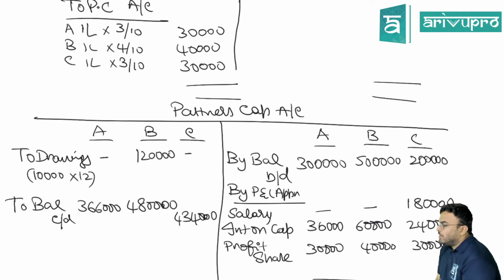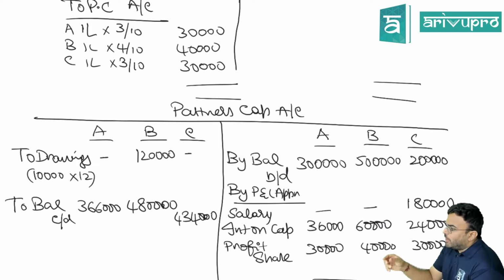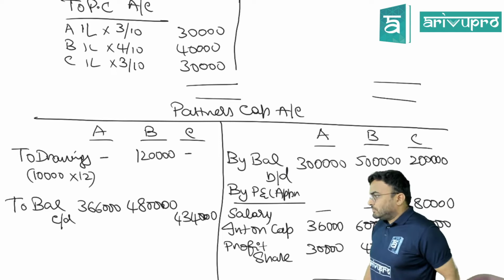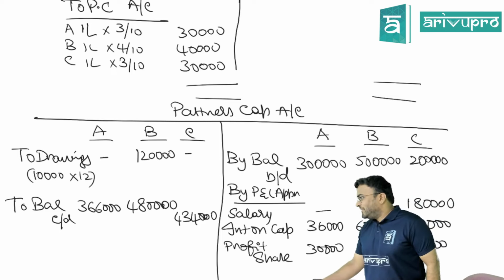Drawings account debited to bank 1,80,000 entry they have passed, but distribution of salary should go from P&L appropriation to partner's capital. So you'll just reverse that entry to rectify the error. This one is not going to impact our P&L. Rent will impact our P&L because rent is an indirect expense. It should go to P&L only. Got it? Do you understand?